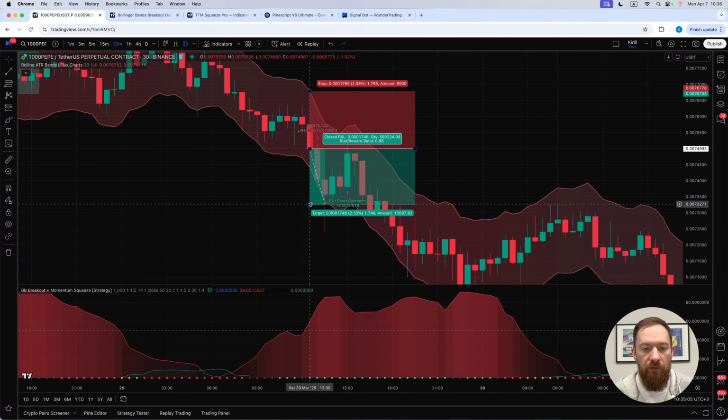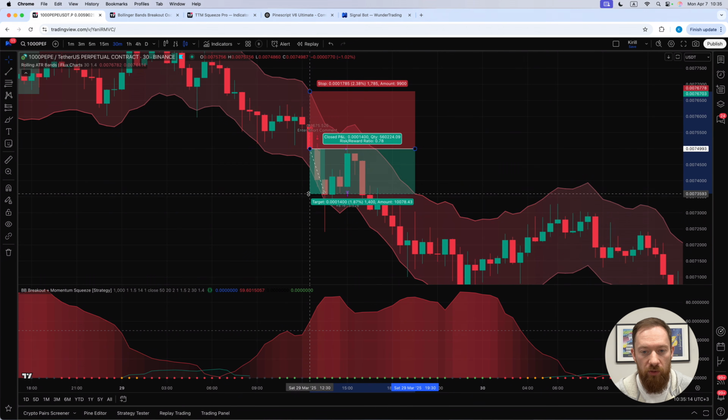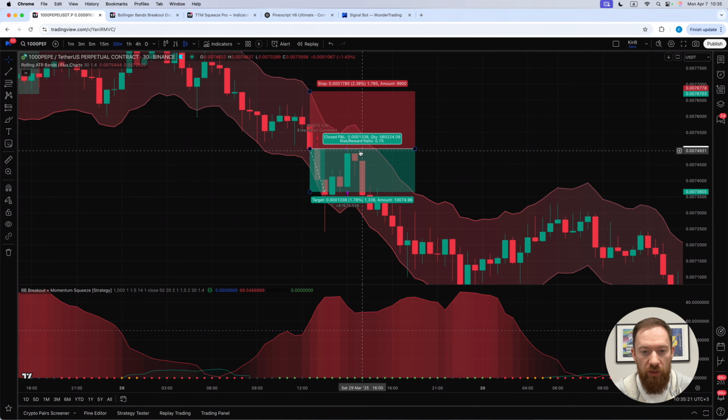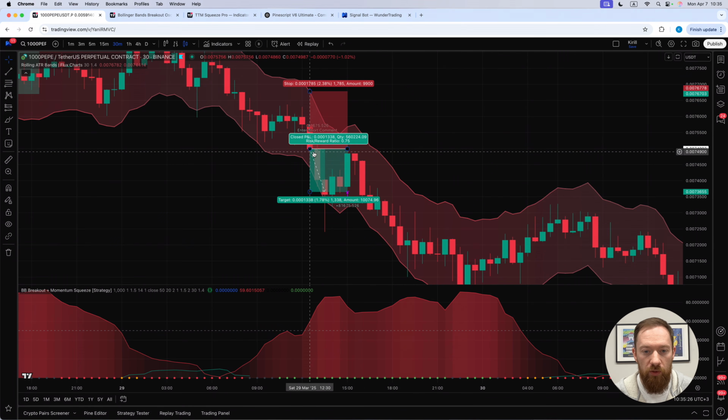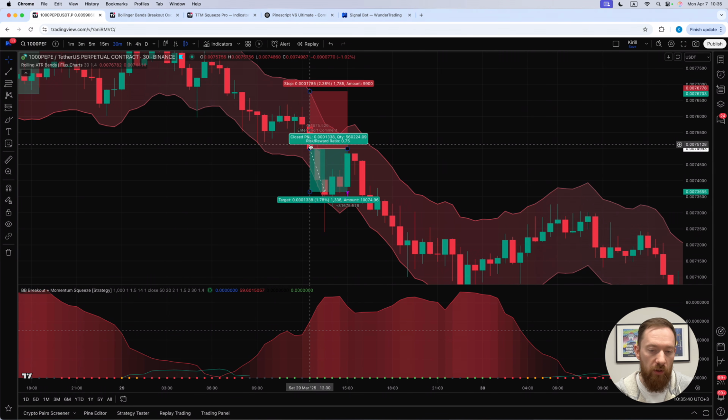If the price is moving in your direction for at least half of the risk to reward, which in our case is going to be 0.75, after that point we're going to move our stop loss to break even. And this is exactly the scenario here. So the price moved down. We didn't hit our take profit target, which was 1.5 in terms of the risk to reward, and then our stop loss moved to the entry price. And this is also in the code.